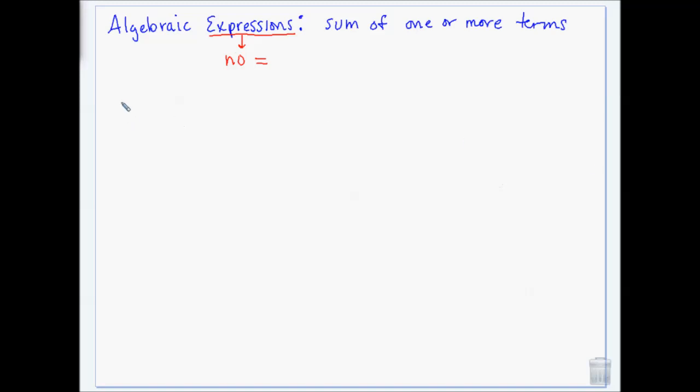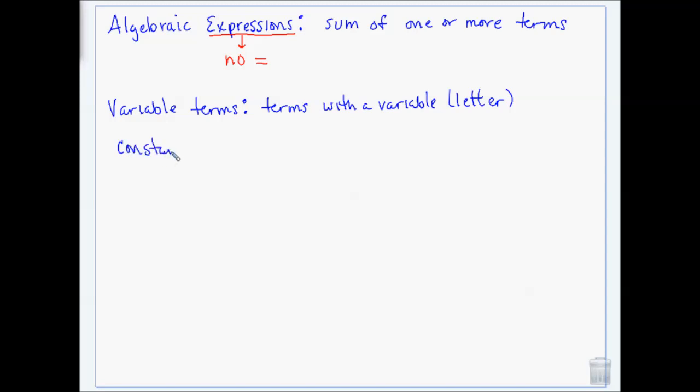So you have variable terms. Those are terms that have a variable, which is a letter. And you have constant terms, and these are numbers alone with no variable.